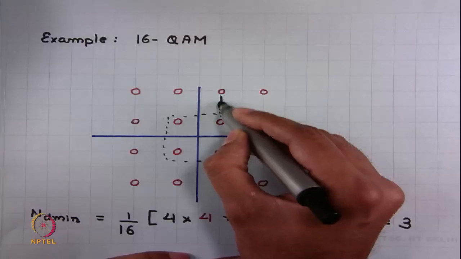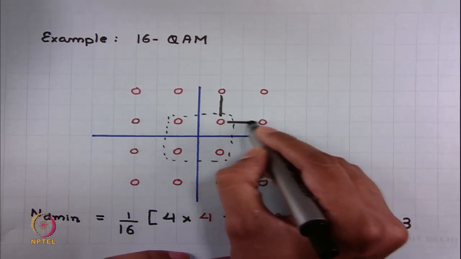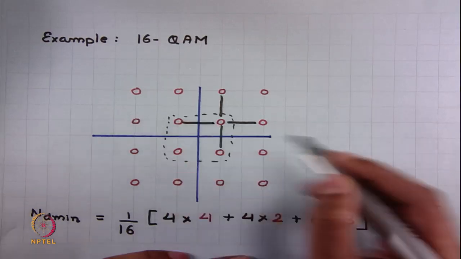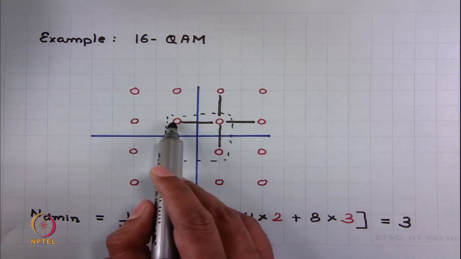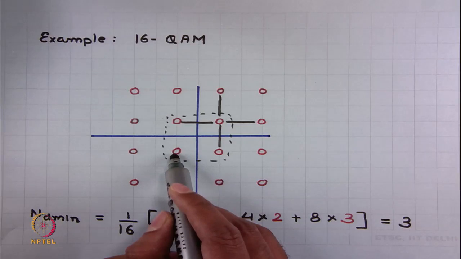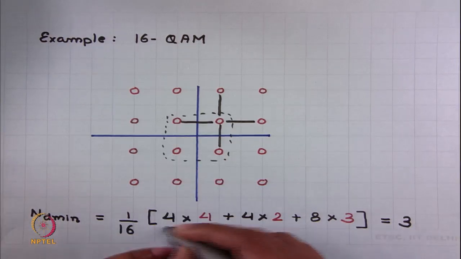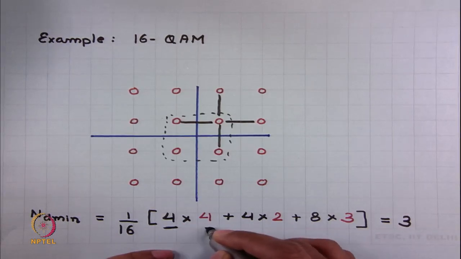Okay. So, this signal has 4 nearest neighbors, 1, 2, 3 and 4. Okay. And similarly, this signal will also have 4 nearest neighbors, this signal will also have 4 nearest neighbors, this signal will also have 4 nearest neighbors. So, there are 4 signals with 4 nearest neighbors.